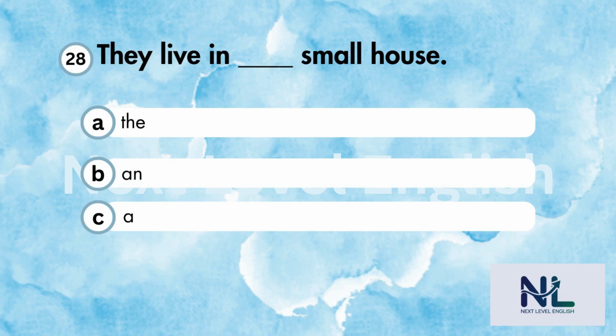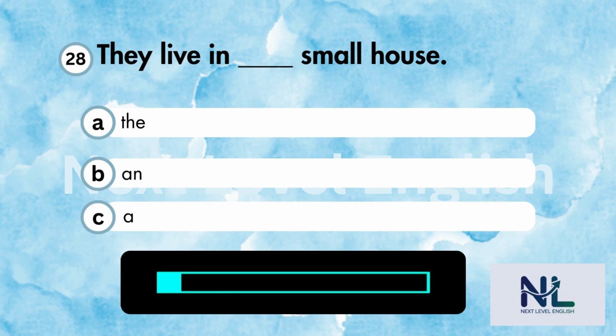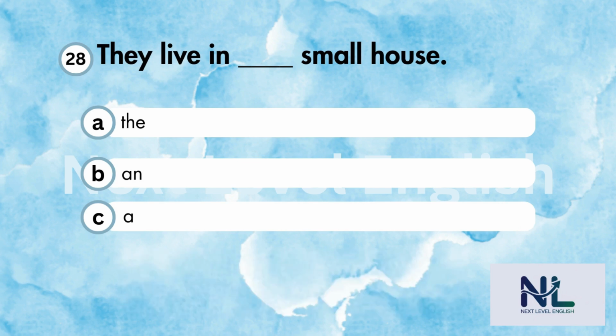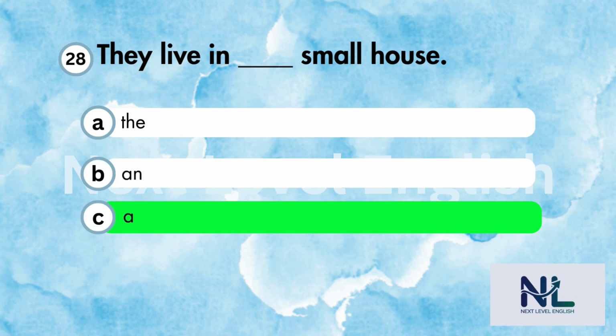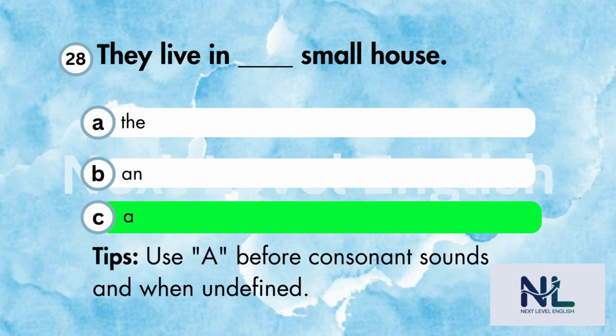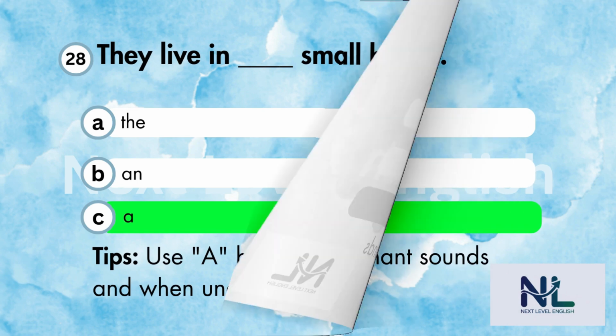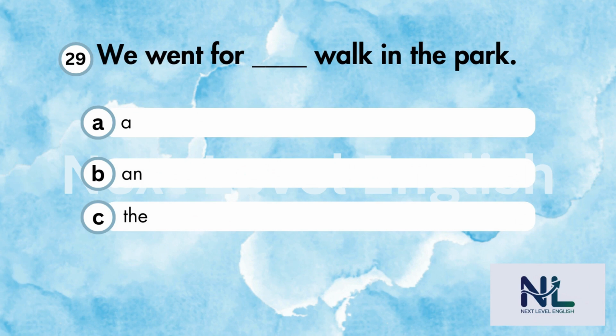28. They live in a small house. A. Tips: use "a" before consonant sounds and when undefined. 29. We went for a walk in the park.